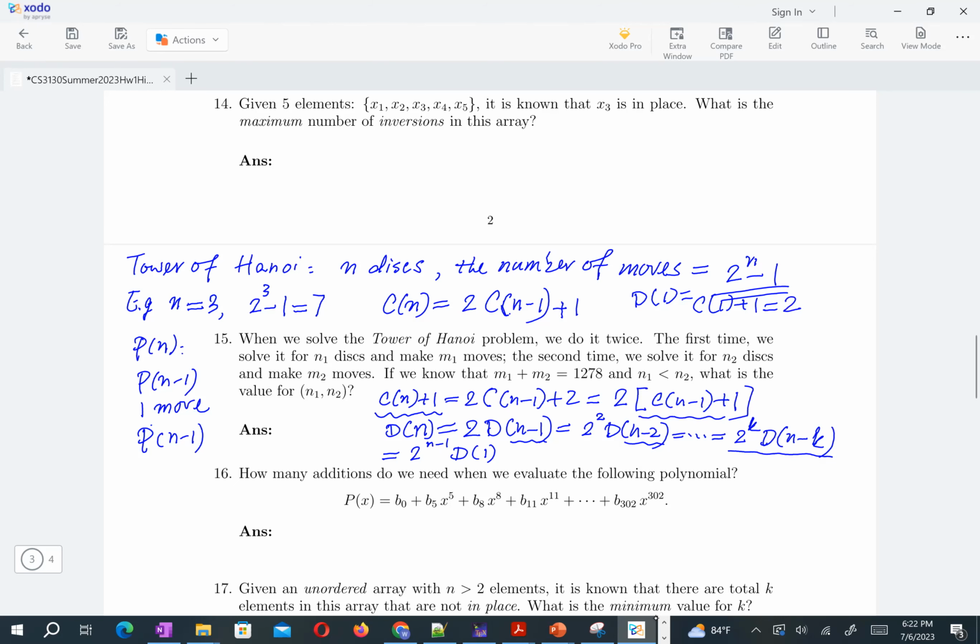That means d of 1 equals 2. 2 times 2 to the n minus 1, you get 2 to the nth power. So the d function equals 2 to the n. How about the C function? C is just d minus 1. So C of n equals 2 to the n minus 1. That's the formula I gave you before. Here I showed you how to find the answer.